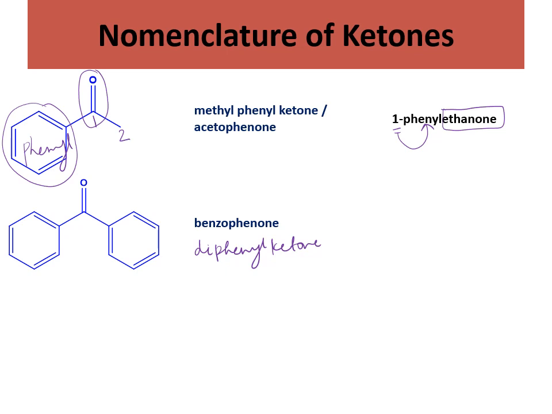What about the IUPAC name? The longest chain of carbon has only one carbon in this case, and that carbon itself is the carbonyl group. So you know that the parent of one carbon is methane. So this is a methanone compound, and on both the sides you have got phenyl branches.